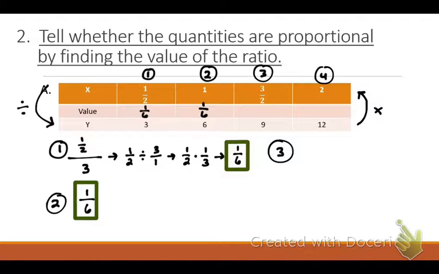Who can help me with how to find the value of the ratio for the third one? Jonathan. You got 3 over 2 and put a 1 and then put 3 over 2 divided by 9. Excellent. And then change, keep the first, flip the second, change.